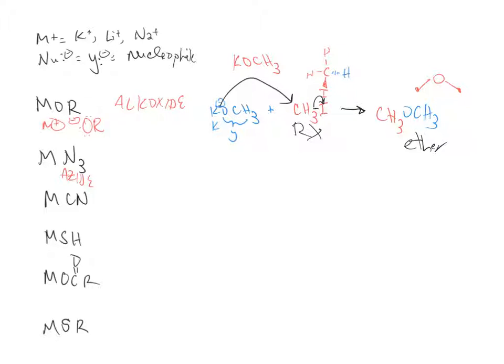And this is what it looks like. Because if you don't remember from Gen Chem, hopefully by now you'd be able to sit down and figure out the Lewis structure, but this is what it looks like.